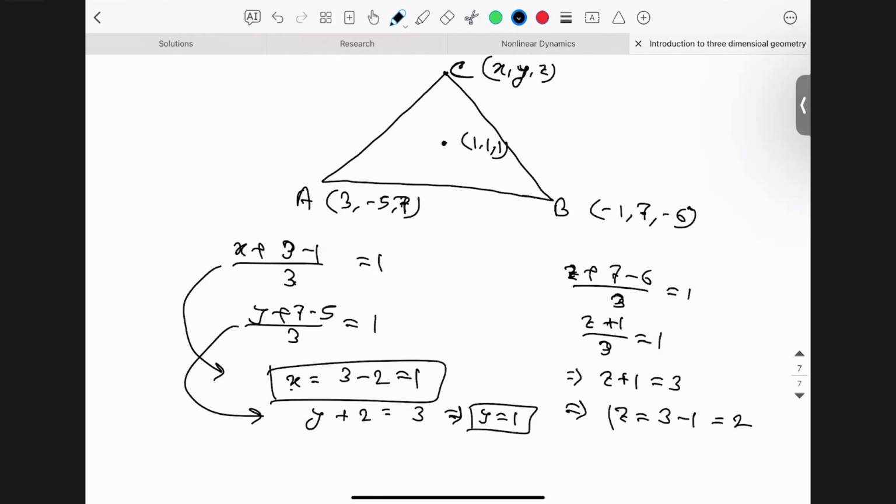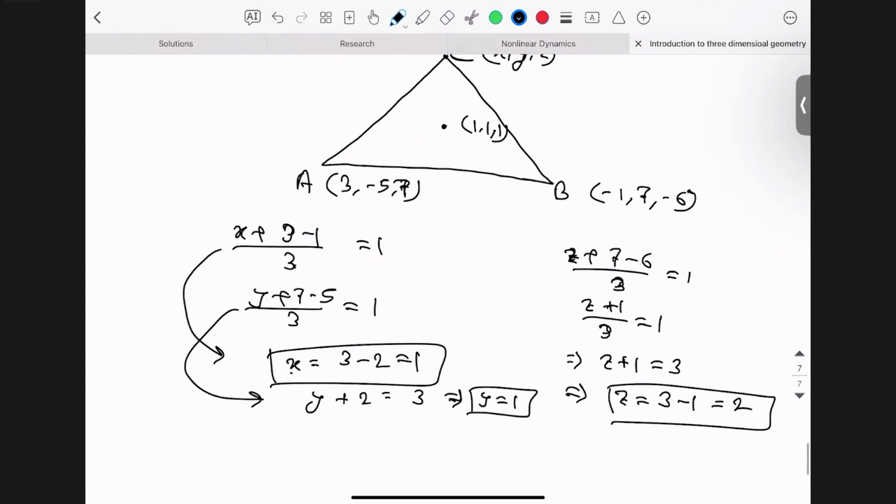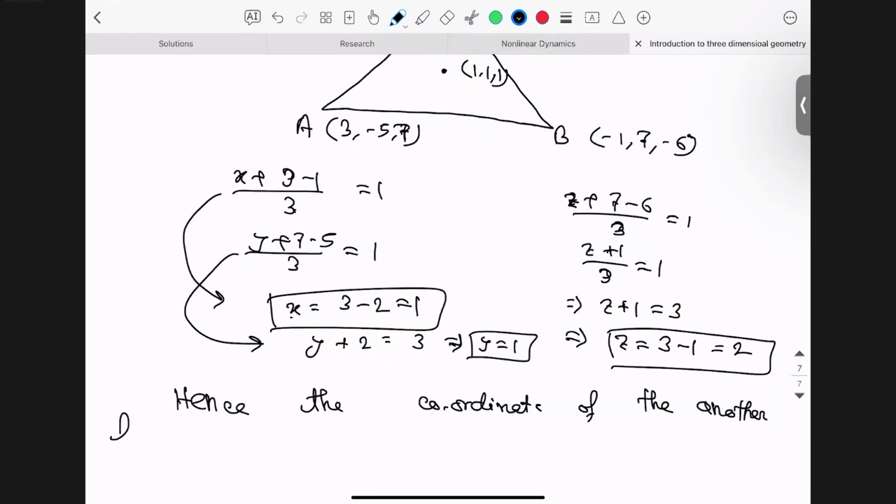So we have obtained the coordinate of the point C. Hence, the coordinate of the point will be 1, comma 1, comma 2.